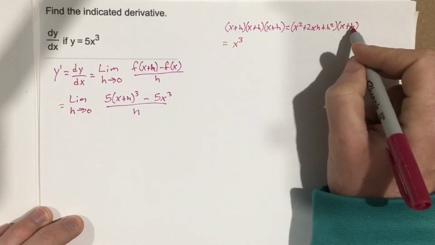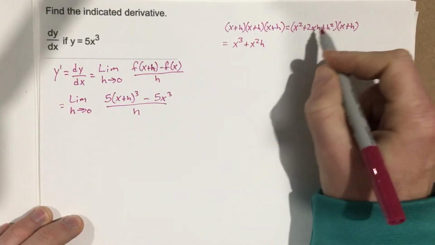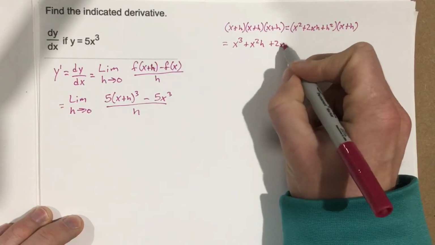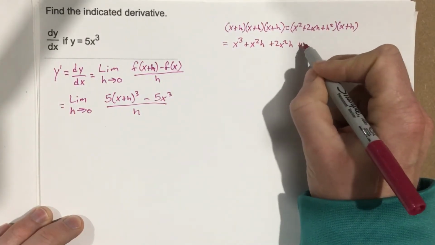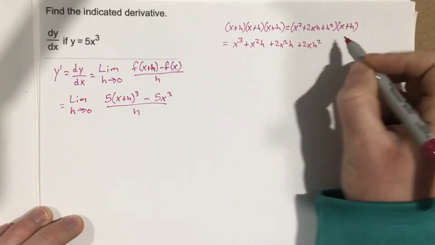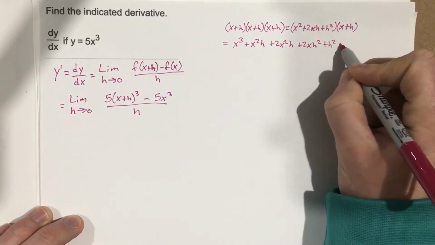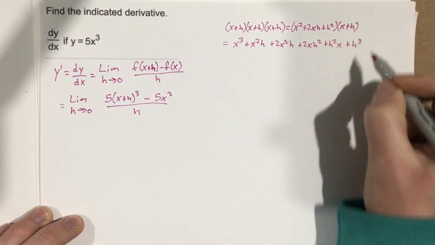X squared times h is plus x squared h. 2xh times x is plus 2x squared h. 2xh times h is plus 2xh squared. H squared times x is plus h squared x. And h squared times h is plus h cubed.